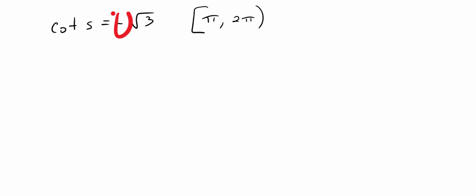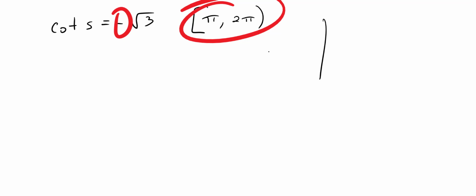One is this is negative, and the other is between pi and 2 pi. So let's sketch a little picture here. Well, between pi and 2 pi is these two quadrants, and where is cotangent negative? Well, cotangent is negative in these two quadrants. So the only one where it matches up is this quadrant right here. Okay? So that means your final answer is there.